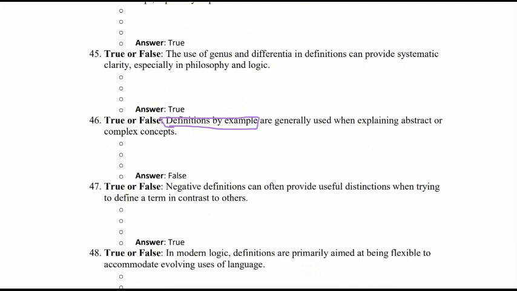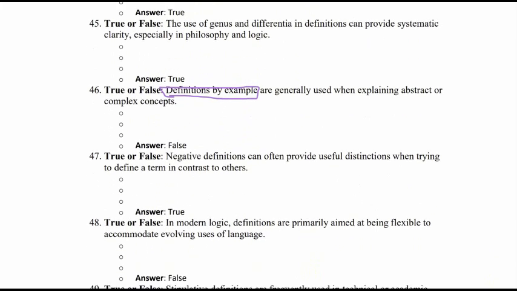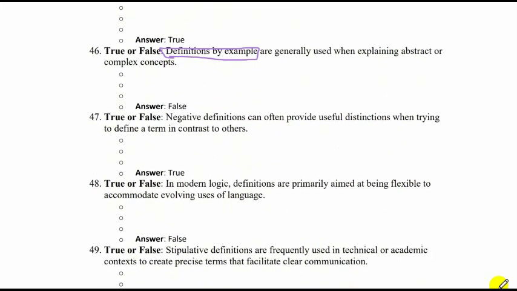In modern logic, definitions are primarily aimed at being flexible to accommodate evolving use of language. I suppose it's true. False. Stipulative definitions are frequently used in technical or academic context to create precise terms that facilitate clear communication.